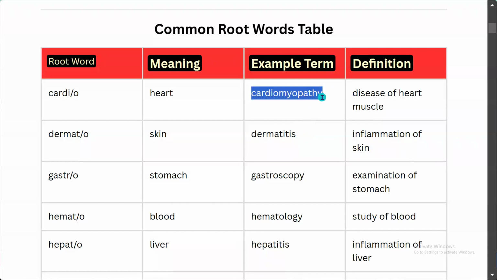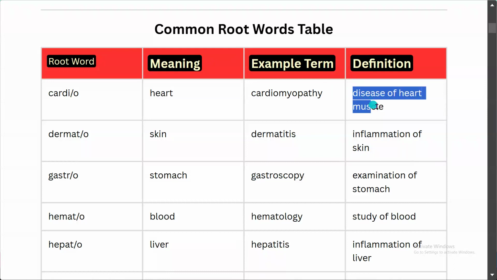For example, cardiomyopathy. If you get a chart, there you will see a patient having a disease of the heart muscle. If you don't understand this, how many times will you need to look up the definition?